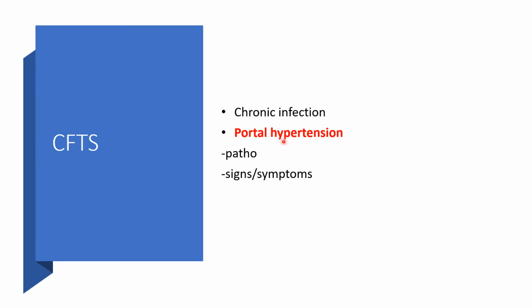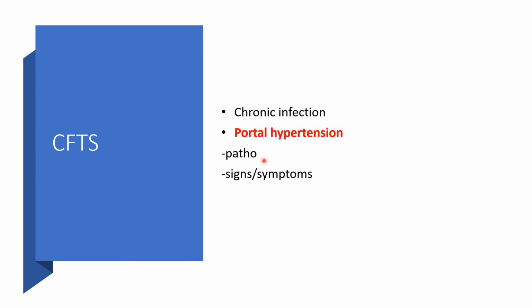Now, portal hypertension. Let's go through the pattern. Eggs are trapped. And when eggs are trapped, that can set in a non-fibrotic pathological process called granulomatous inflammation. That can occur along the perisinusoidal periportal spaces, which are located inside the liver, and that will lead to widening of the periportal spaces.